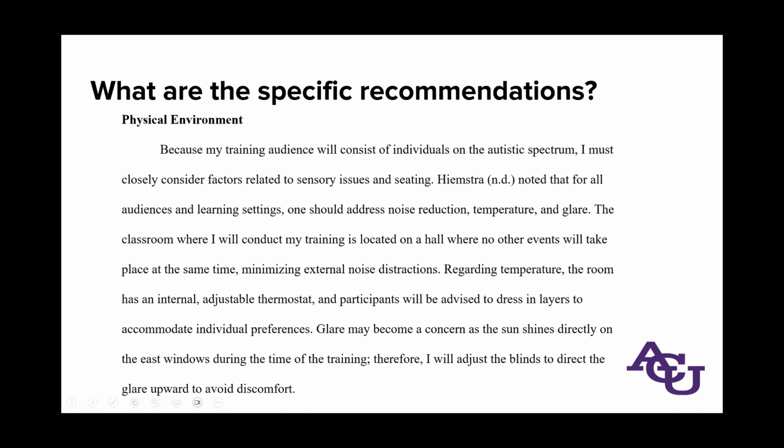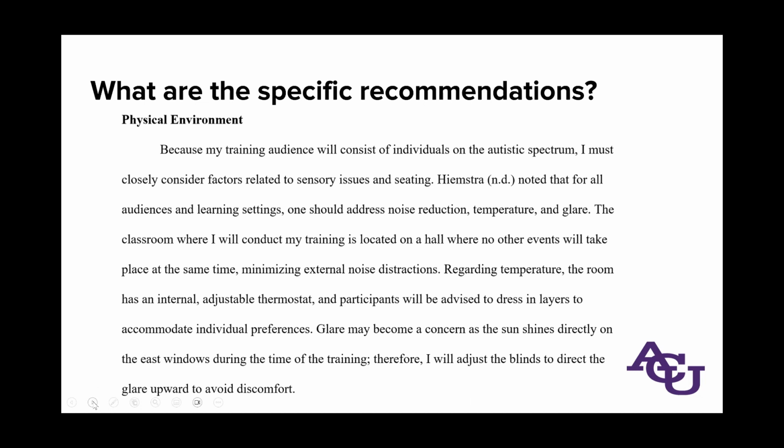Regarding temperature, the room has an internal adjustable thermostat, and participants will be advised to dress in layers to accommodate individual preferences. And then here's a problem that I thought of. Glare may become a concern as the sun shines directly on the east windows during the time of the training. So how am I going to deal with that? Therefore, I will adjust the blinds to direct the glare upward to avoid discomfort.